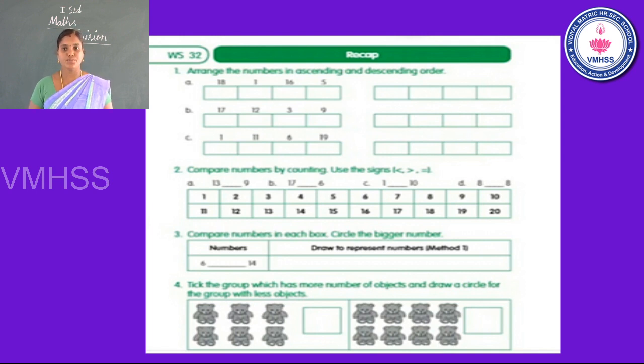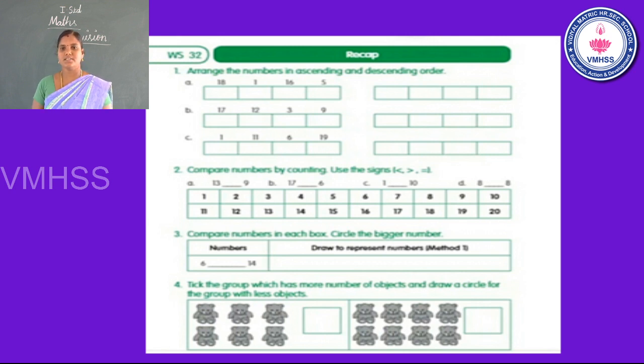Listen carefully, students. Arrange the numbers in ascending and descending order. You already know that. Students, tell me, what is the first number?